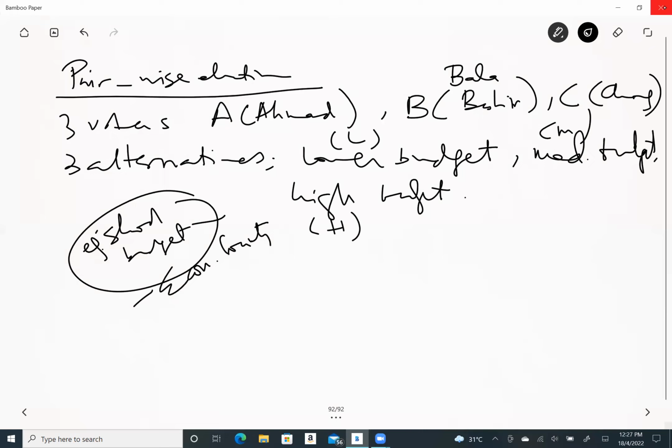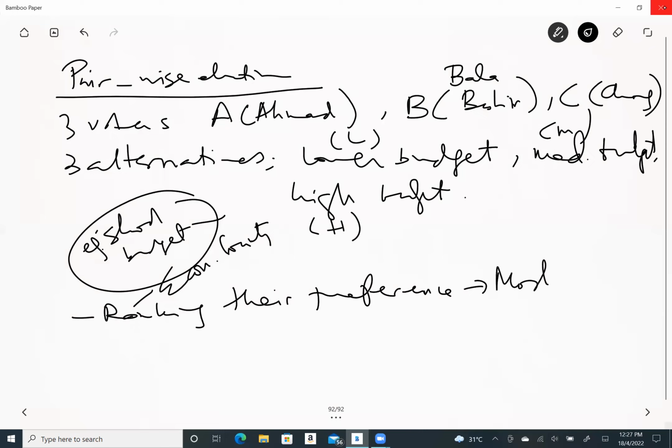So you have 3 voters, 3 choices, and then of course people have ranking. Okay, they can rank their preference. Ranking their preference in terms of preference. So you can say most preferred, medium preferred, least preferred.